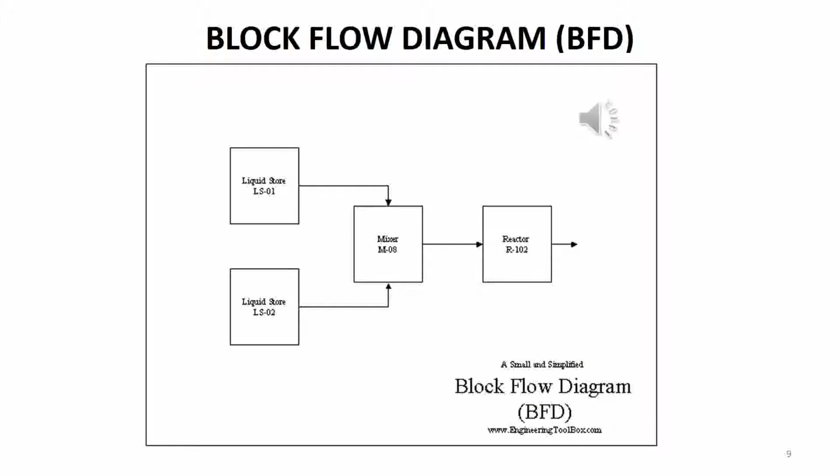A block flow diagram, BFD, is a schematic illustration of the major process units. The blocks or rectangles are used to represent a unit operation. The blocks are connected by straight lines which represent the process flow streams which flow between the units.